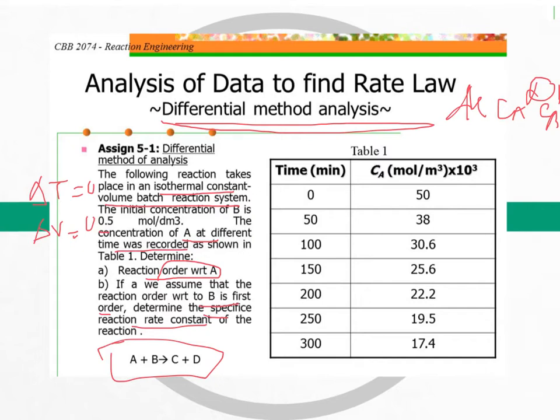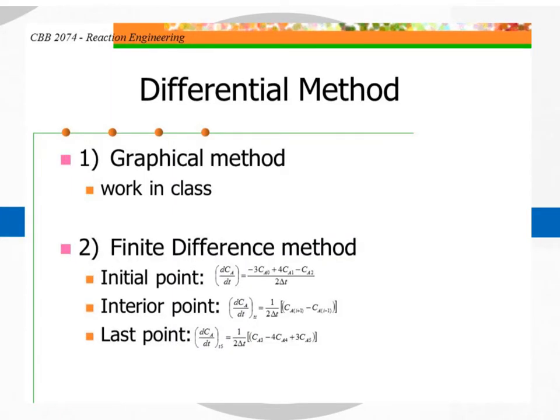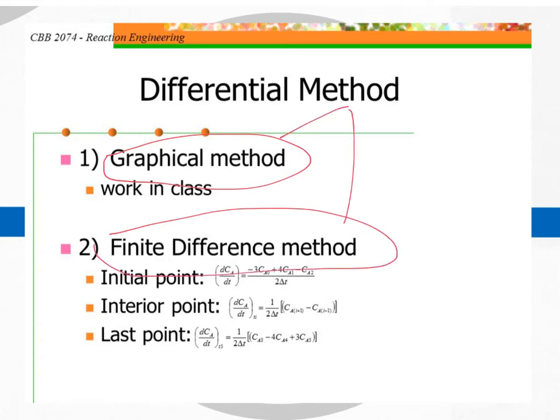Now you are given that at different times, 10, 50, 100, 150, there are different CA values. You can use two methods again, but now we're going to look into the graphical method. The differential method is supposed to be divided into three, the other one being polynomial.